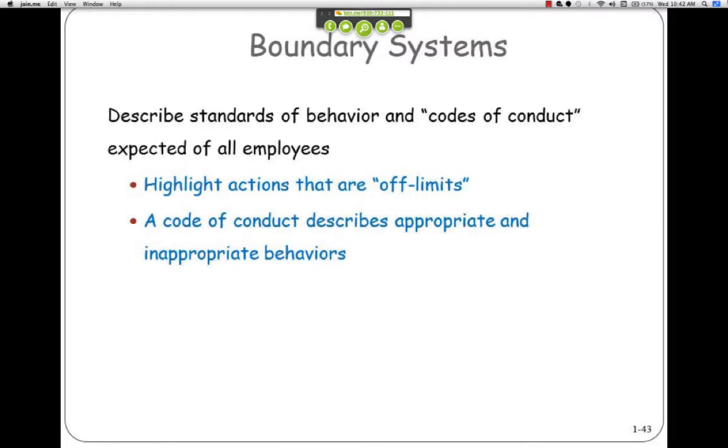So what they're telling you is it's okay to lose a little bit of money for the firm, but don't hide that fact. Don't do anything immoral, illegal, etc. Because they did not want their reputation tarnished for the long term. They could lose money, they couldn't lose reputation. So those would be belief systems, if you will, or boundary systems.